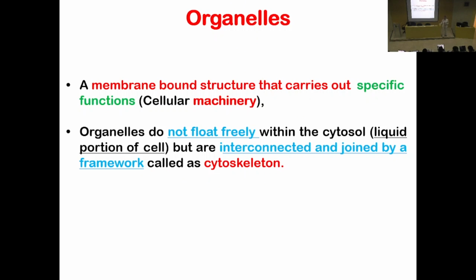The cytoskeleton is a kind of network of fibers, molecules, all right? So they work like a network, and the organelles are attached to these structures. So the cytoskeleton is what determines, it will limit the positions of the organelles. All right?